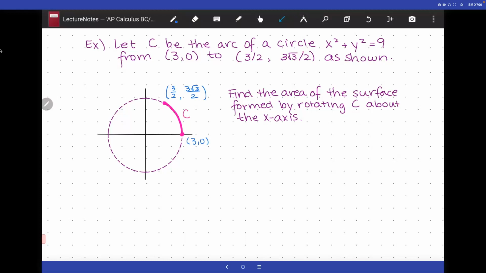So we know that when that pink thing rotates around the x-axis, it's going to make a lens. It's going to be a little sliver of a sphere taken off. Anybody have an idea what the first thing is we have to do? Joshua?